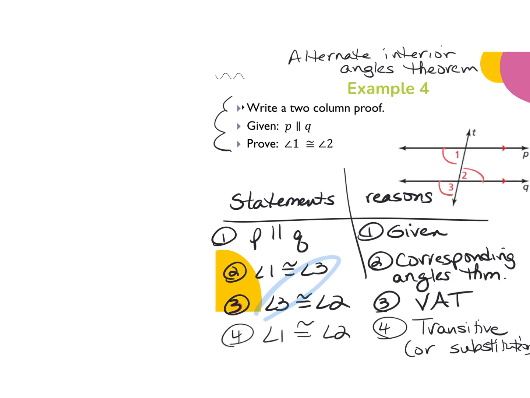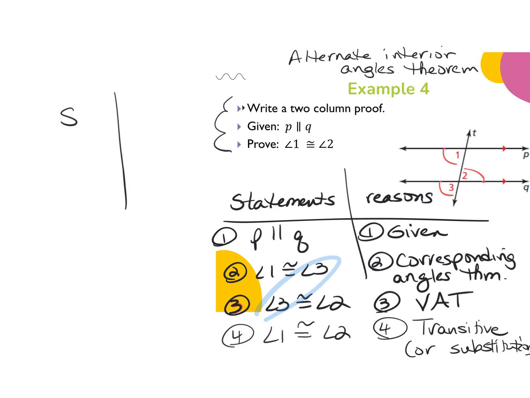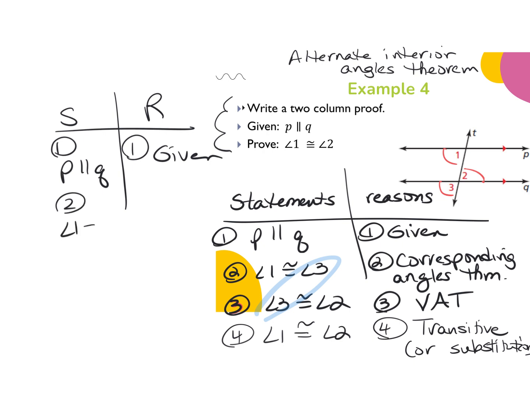Now that we've done this proof, put our statement column and our reasons, and again, state the given, P parallel to Q, given, and then step 2 is just angle 1 congruent to angle 2, and the reason would be the alternate interior angles theorem.